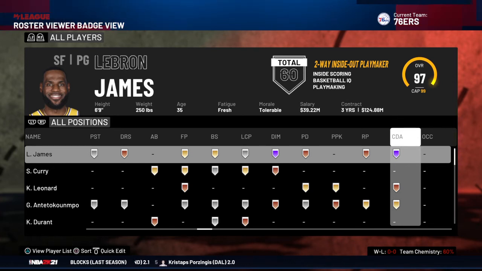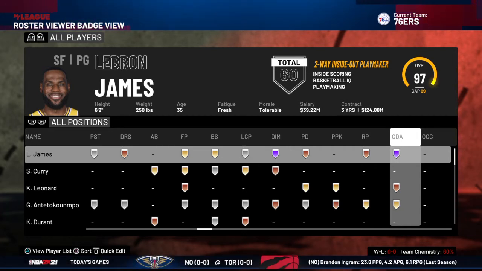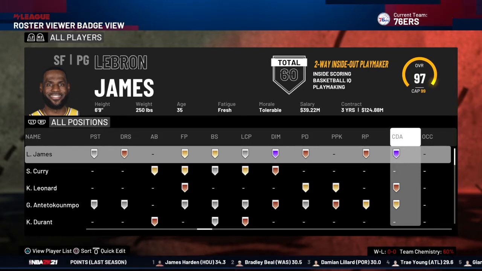But is he doing that at a Hall of Fame level, or at the top of the top, like he did a few years ago in Cleveland, or in Miami a few years before that, or even early on in his career? Is he chasing down blocks the same exact way?